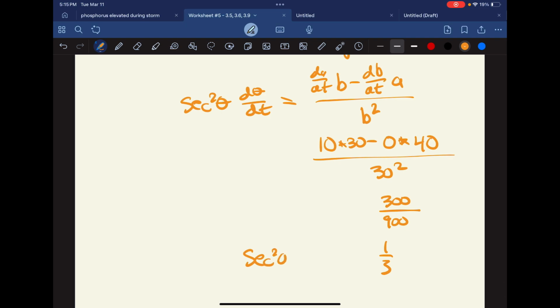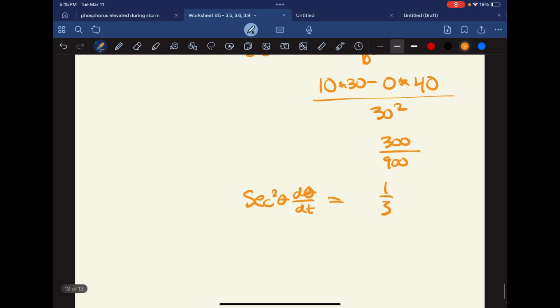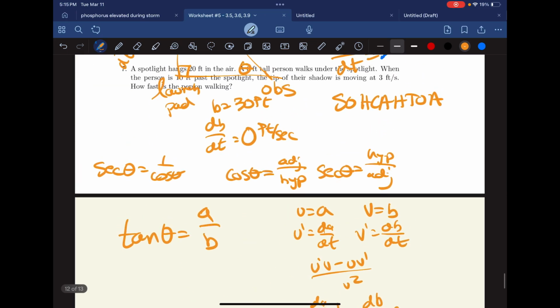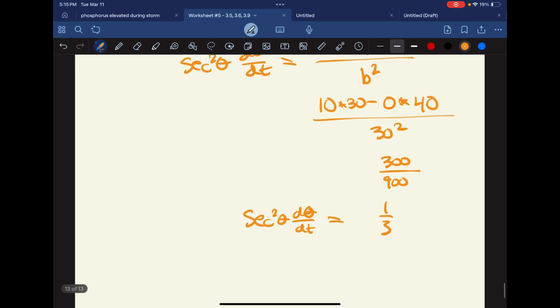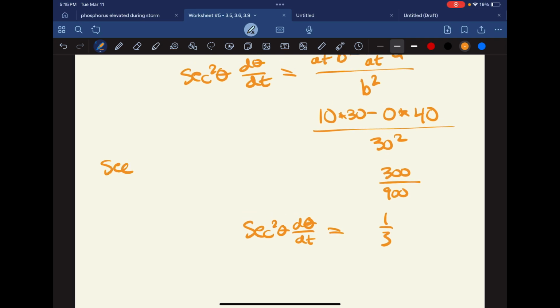All right, so secant squared theta times d theta/dt equals 1/3. So then we can go back and say secant is 1 over cosine, and we use SOHCAHTOA to say that cosine is adjacent over hypotenuse.